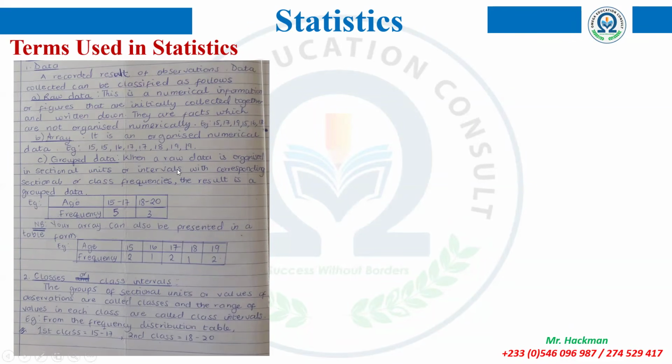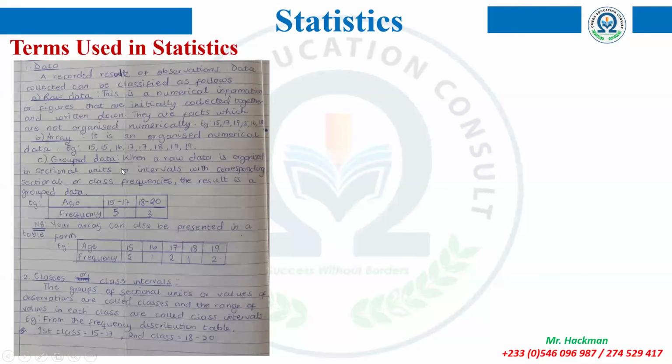We said when raw data is organized into sections or intervals with corresponding class frequencies, then you are dealing with grouped data. So in this case, you have a class or a section. I'm looking at maybe 15 to 17, 18 to 20, and I will count. So 15 to 17, I have 1, 2, 3, 4, 5.